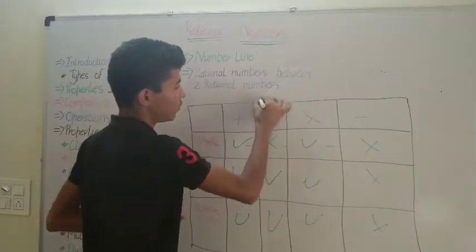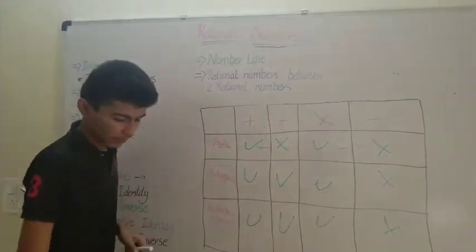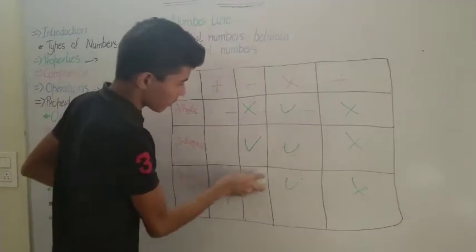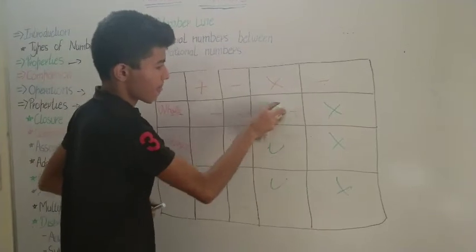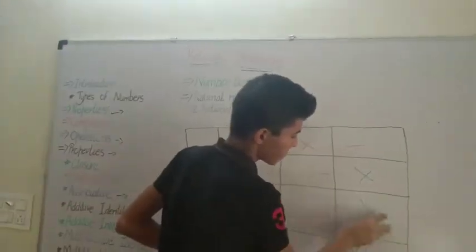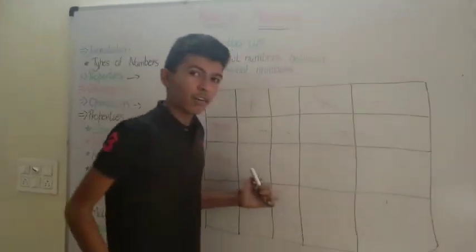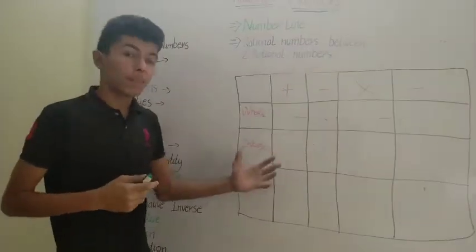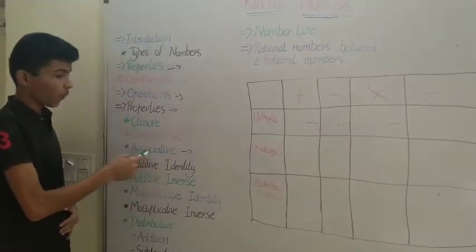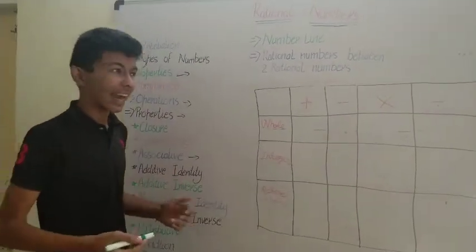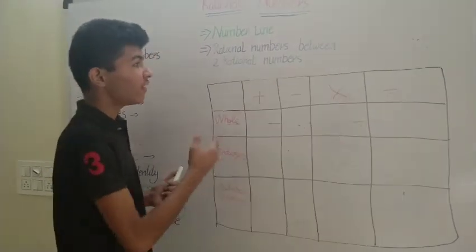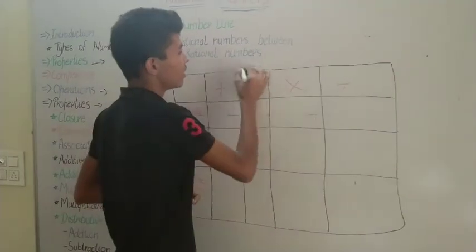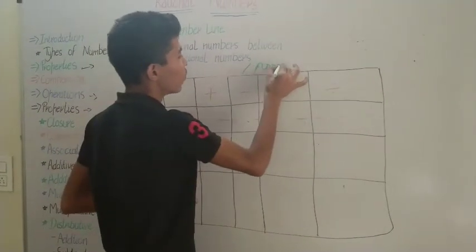We have seen that the closure property only states something about the set of numbers, but the associative property and commutative property don't. So if it is true for commutative, it would be true for the associative, so it includes commutative and associative.